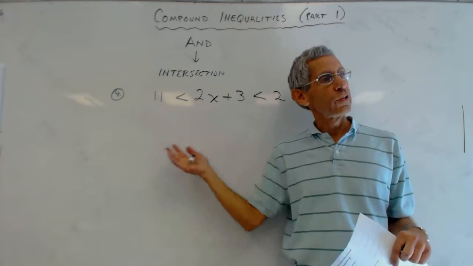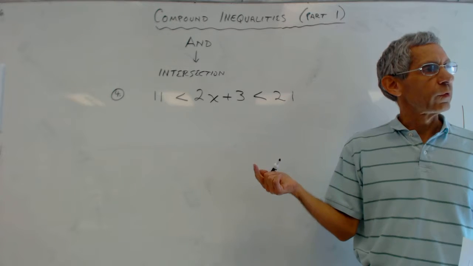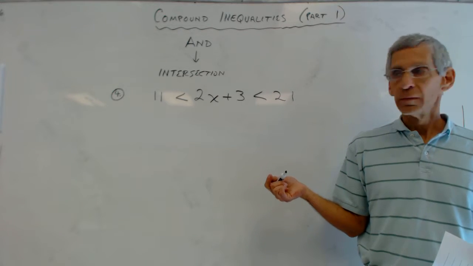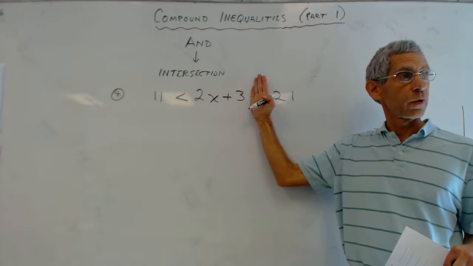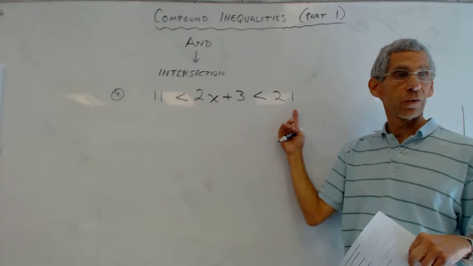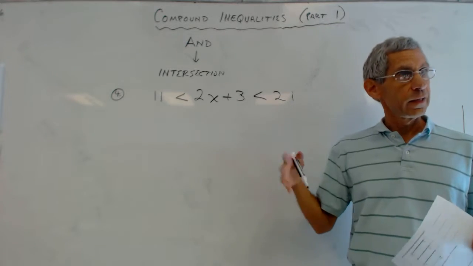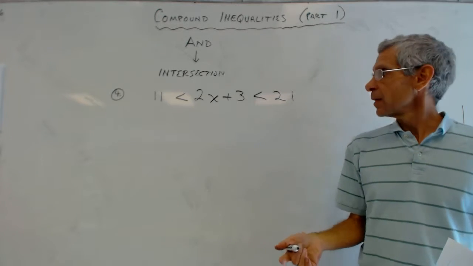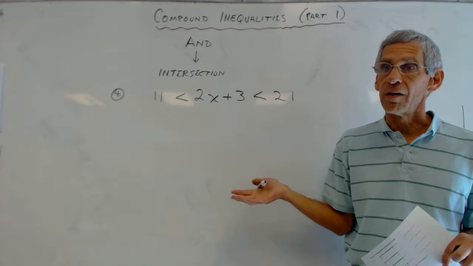How many inequalities do you actually see in here? 2, right? 11 is less than 2x plus 3. That's one of them. And the other one is 2x plus 3 is less than 21. But we combine them into one inequality statement.